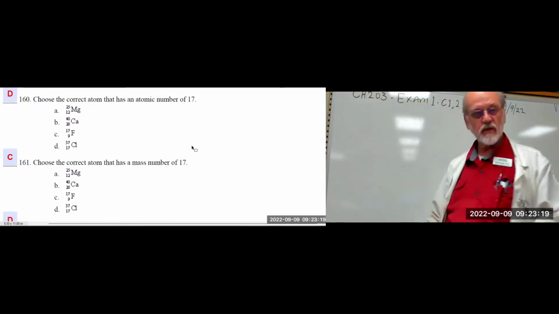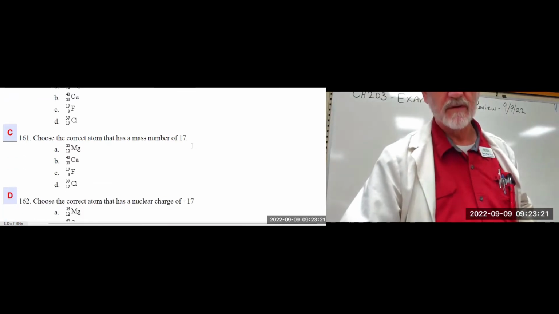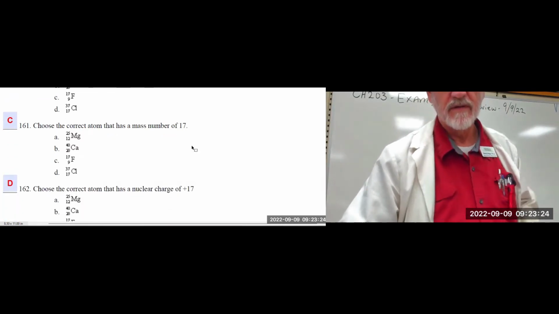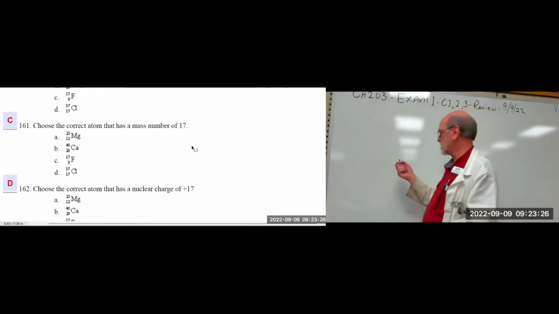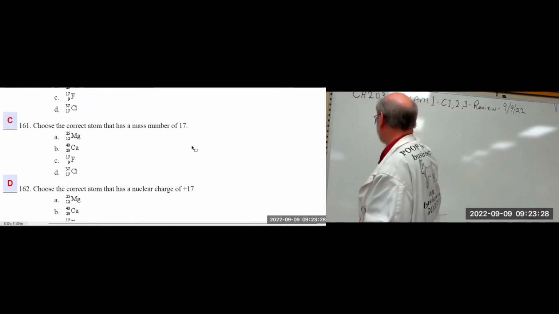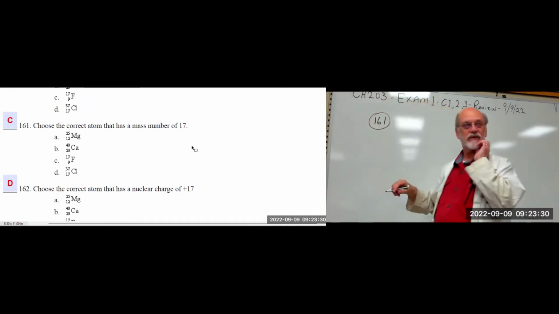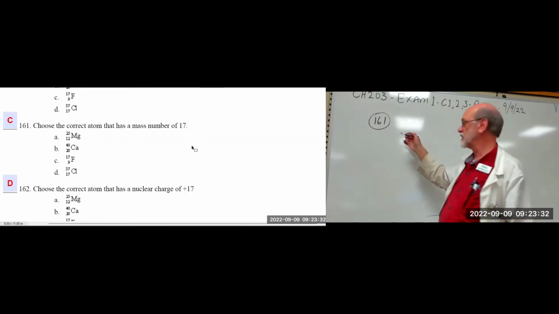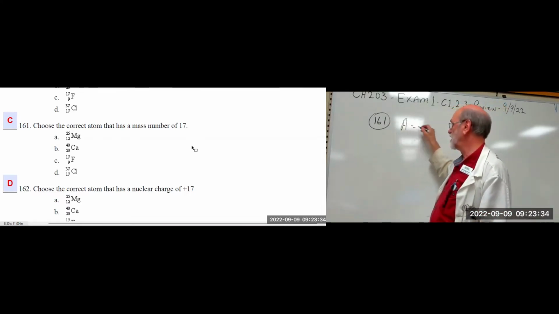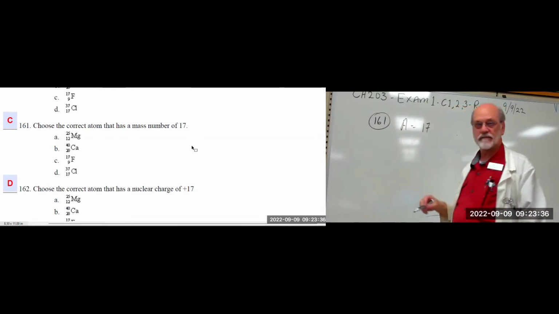Okay, 161. Now we're looking at the mass number, and its symbol is what? A equals 17.